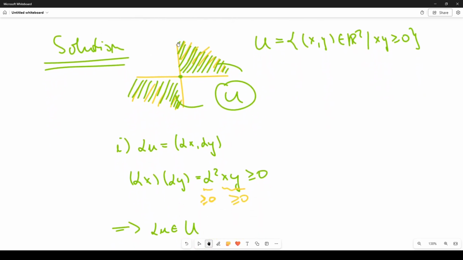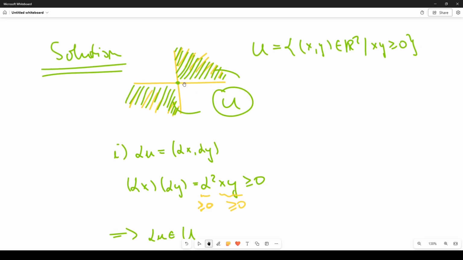So we will take this part of the plane and this part of the plane. So all of these points, including the axes. So how do we mathematically capture all of these points? Well, the points over here all are either positive, or we could just have 0, 0.